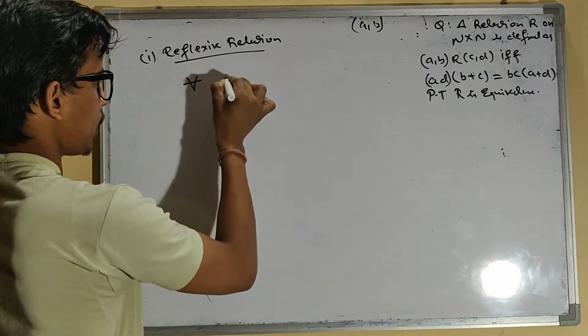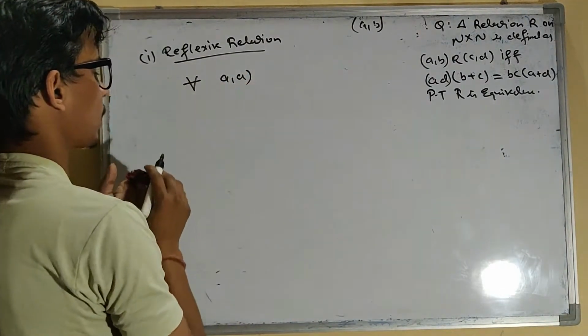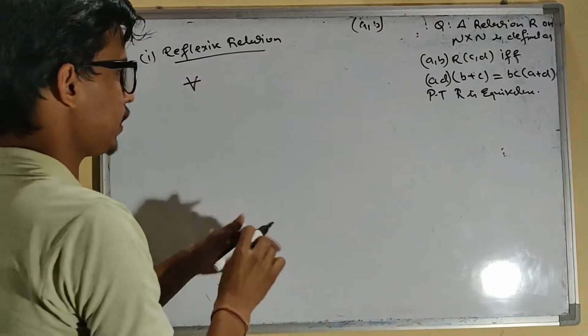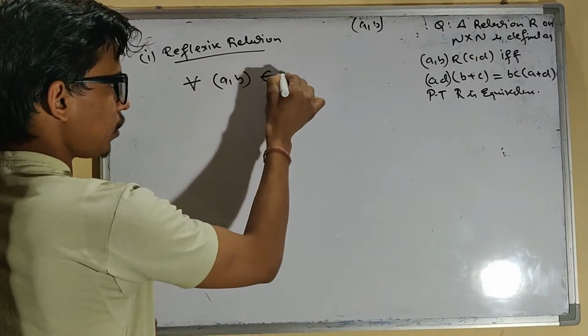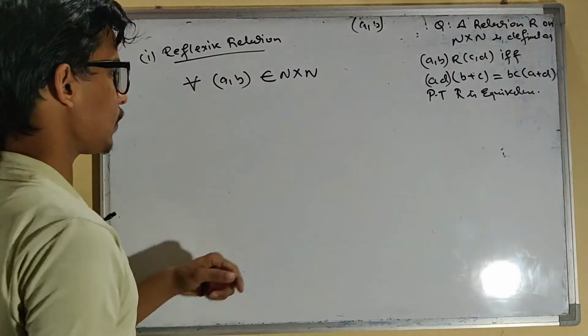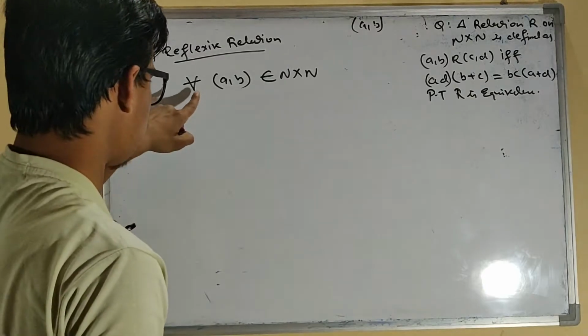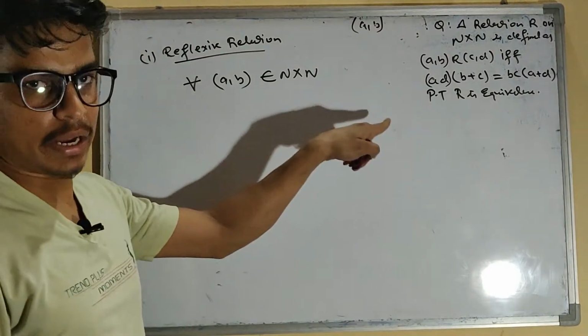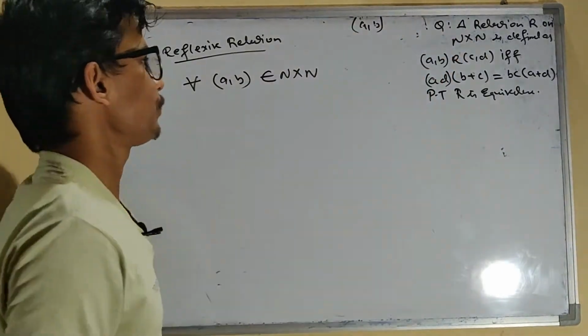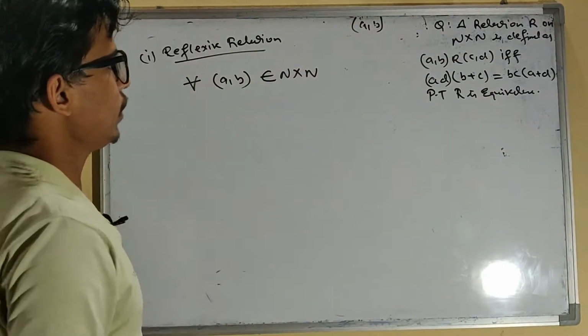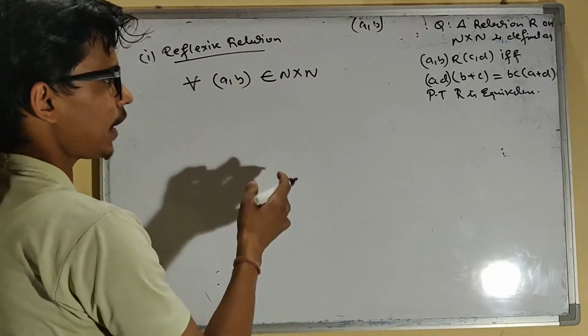In N cross N, an element will be like (a, b), for all (a, b) belonging to N cross N. Remember that previously we were doing it like this: for all a belonging to N, or set A, right? So here set A is replaced by N cross N. For all (a, a) belonging to R, I can write it like this.